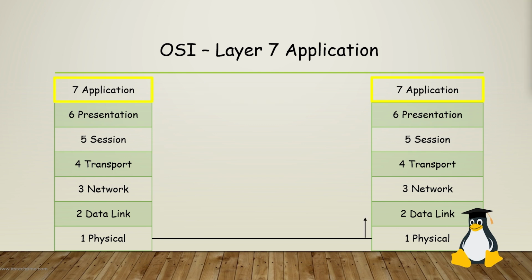Then the neighboring system performs the opposite process. Each layer it goes through strips off the added layer of information from the data until the data reaches the application layer on the neighboring system. This process of removing the extra information that was added to the data at each layer is called de-encapsulation.